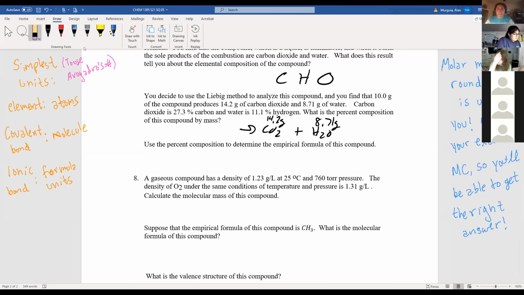And they tell us the percentages of each compound here, where we have 27.3% carbon for our carbon dioxide, and we have 11.1% of hydrogen. So if our reactant is mostly made up of carbons and hydrogens, what do I need to do here in order to get the percentages out of these masses?